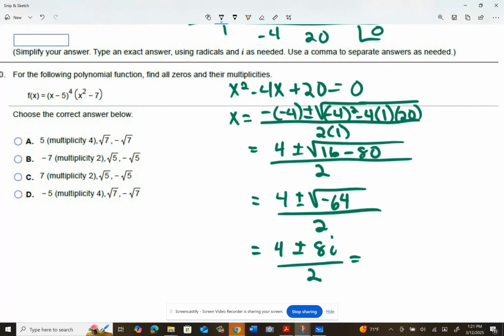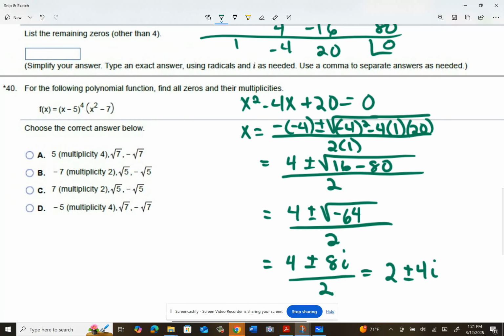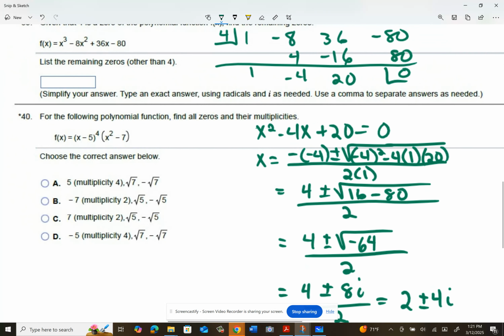And 2 goes into both 4 and 8, so I can divide it into both of those and get 2 plus or minus 4i. Okay, so that's why it didn't factor. So this one says remaining zeros, so we wouldn't actually put the 4 in the box, and then we have 2 plus or minus 4i.